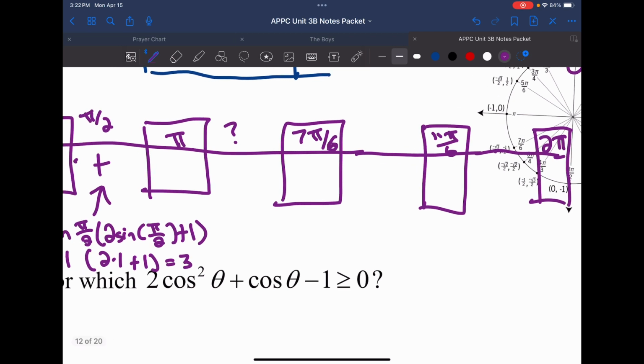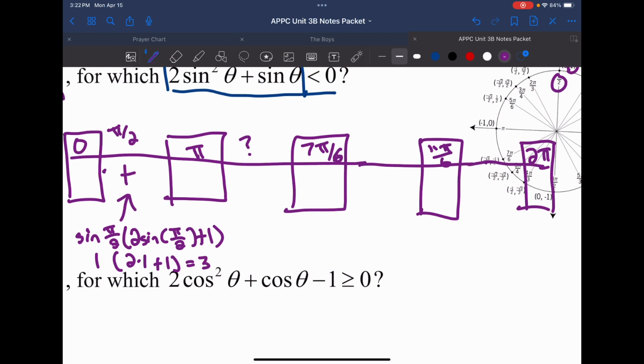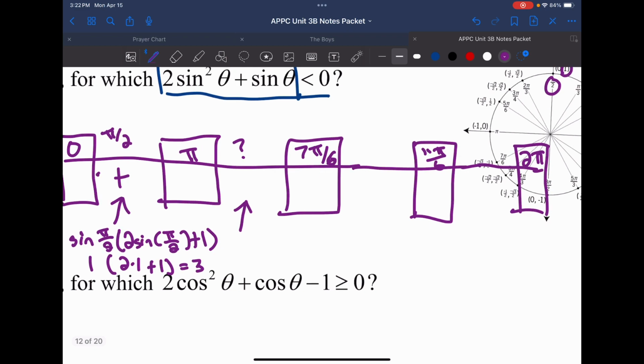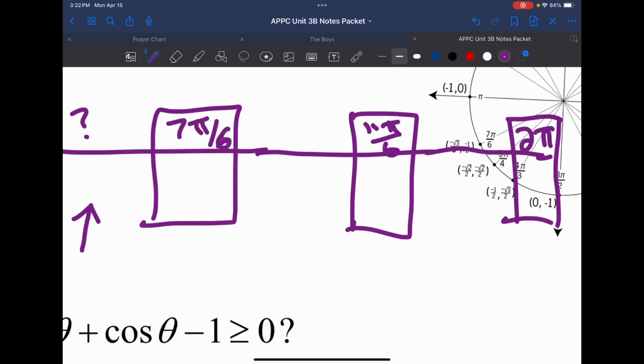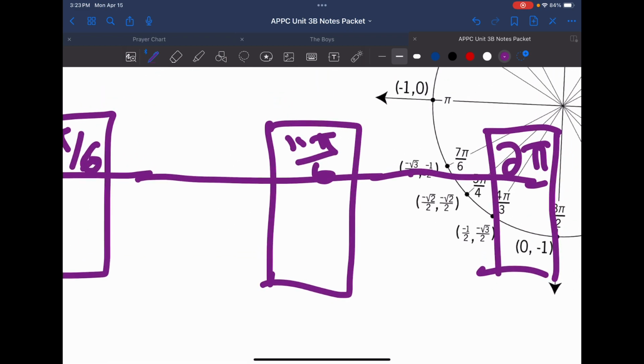To be able to do a sign chart on this one, this is kind of how I would approach it. I don't know exactly what this value is. We'll call that my question mark value.